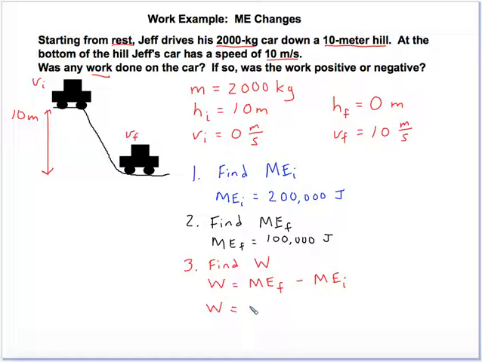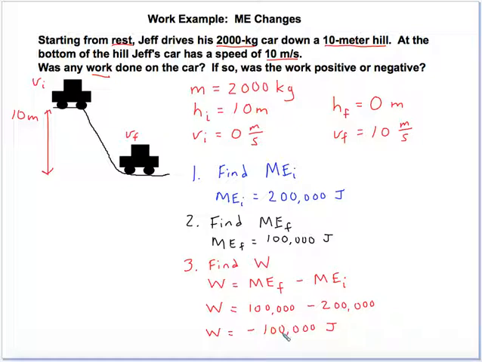The final mechanical energy was 100,000 minus the initial mechanical energy, which was 200,000. So we end up with work is negative 100,000 joules. That's the unit for work because that's the unit for energy. So 100,000 minus 200,000, you get negative 100,000 joules.